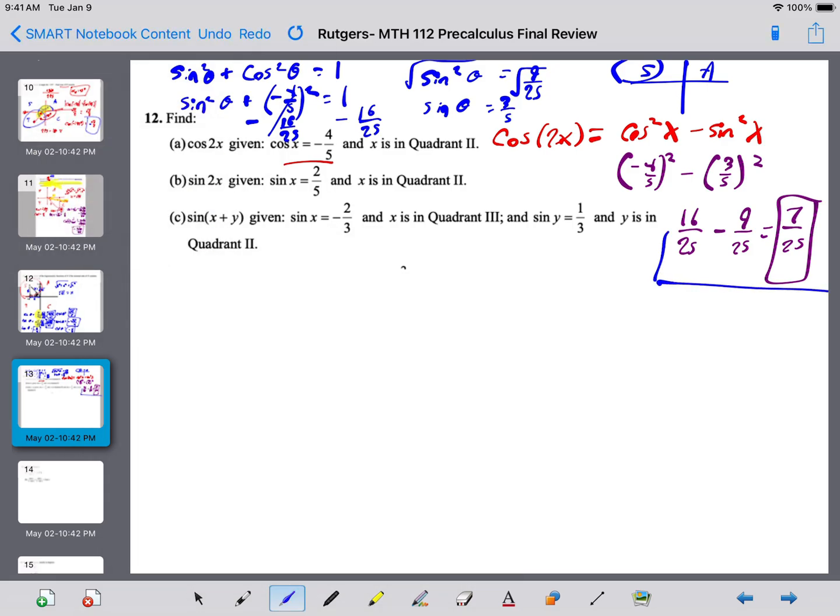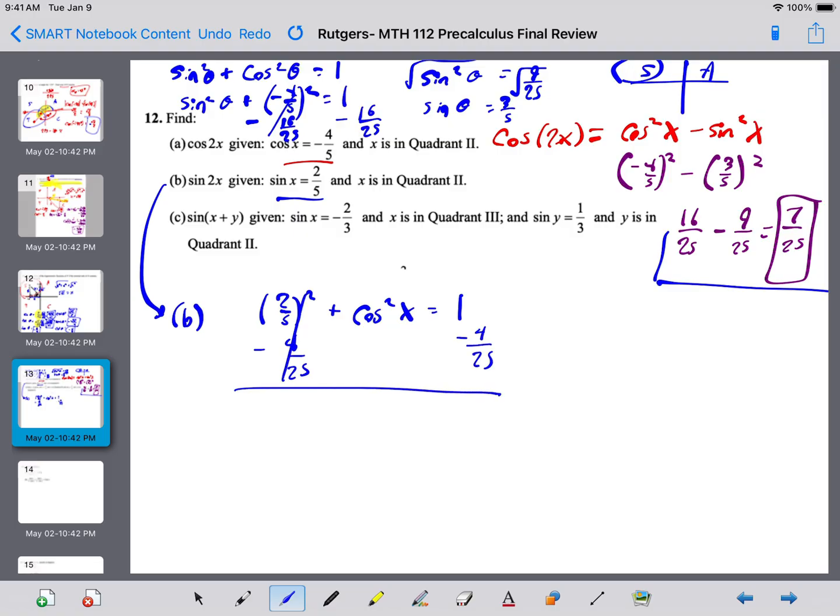For question B, you're going to use your double angle formula for this. So use your Pythagorean identity to find cosine. Sine squared plus cosine squared equals 1. We could subtract this. This is 4 over 25.